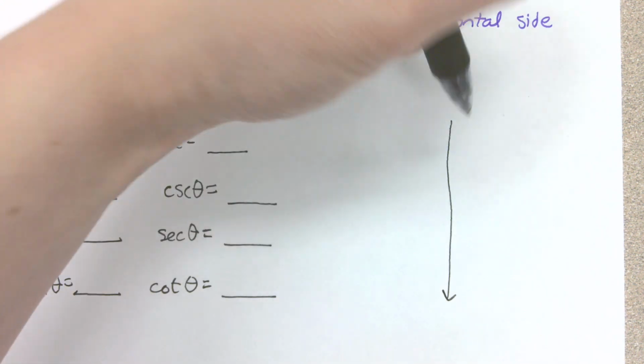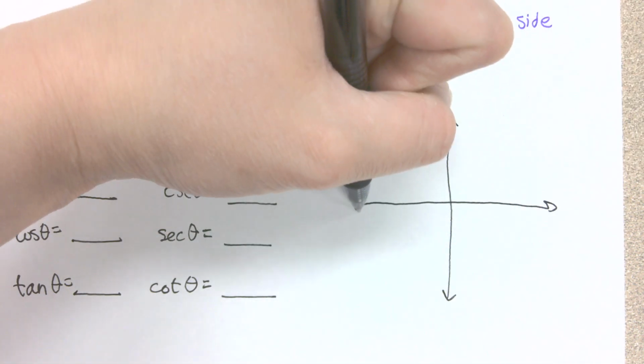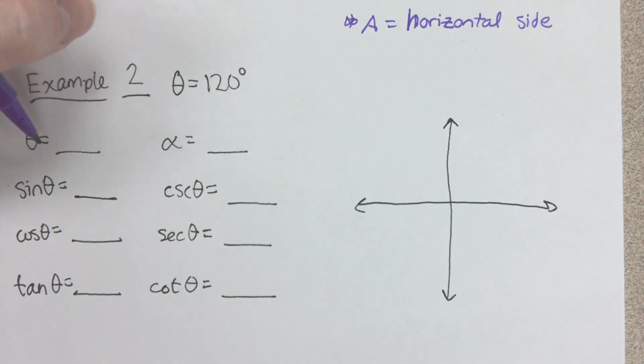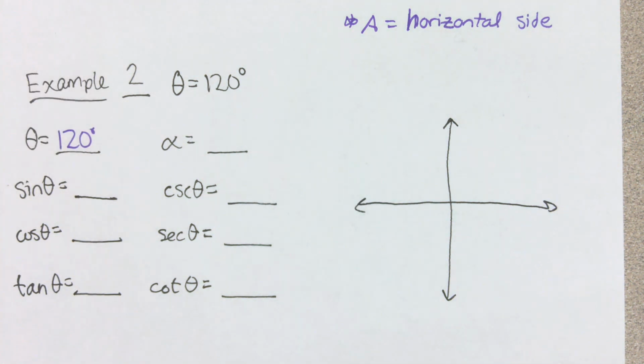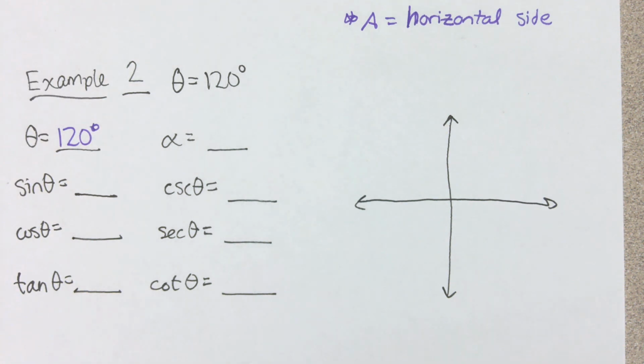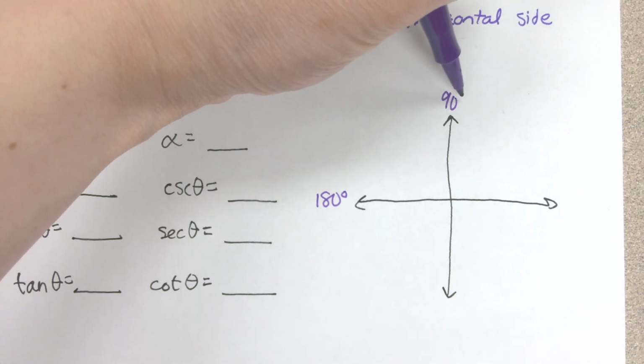Start by drawing the plane. Again, we already know theta, it's 120 degrees, it's given. 120, that's going to land us in the second quadrant. This is 180 degrees on the left, and up top here we have 90 degrees.